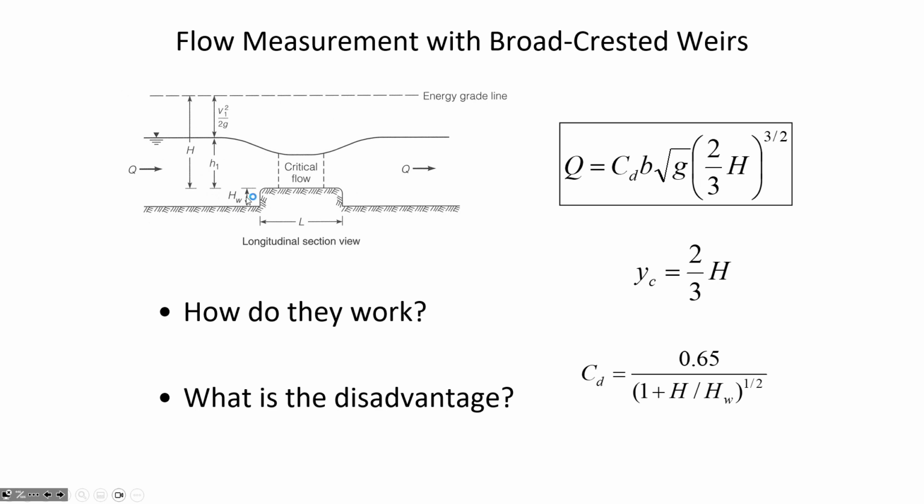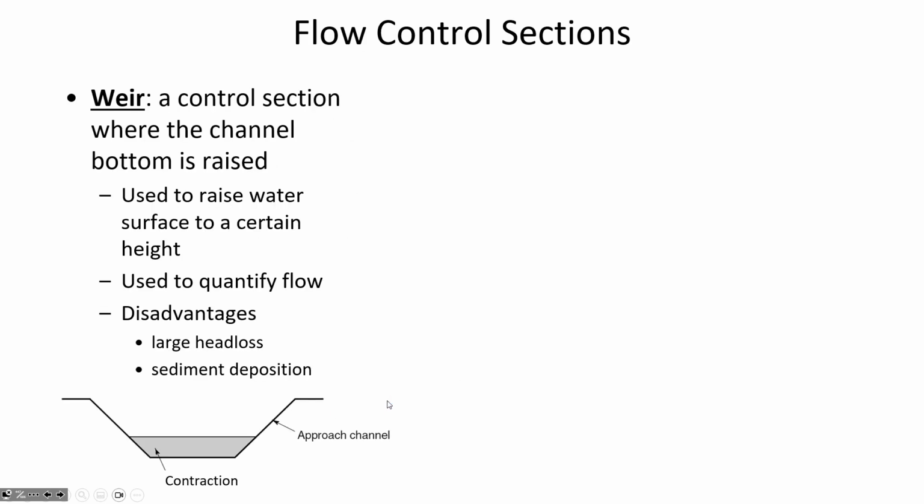About 100 years ago, they realized there was another way to measure the flow rate in an open channel that could avoid that disadvantage, and that's with a flume.